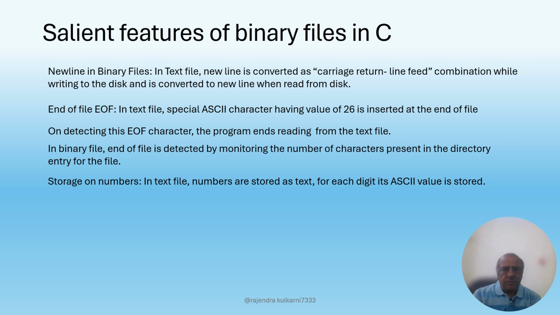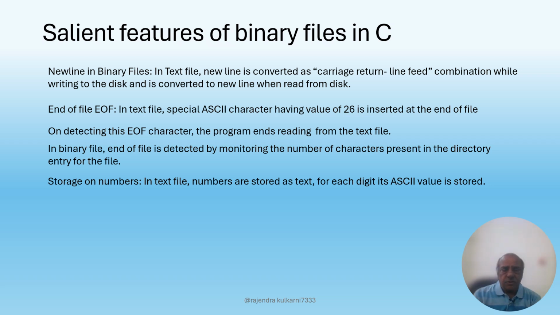A major difference between text files and binary files is the storage of numbers. In a text file, numerical data is stored as text. Suppose we are storing 100 as a number in a text file, then each digit of the number will be stored by its ASCII value.